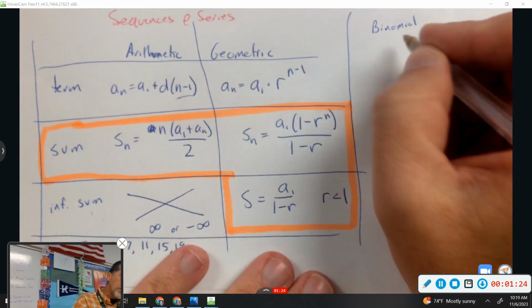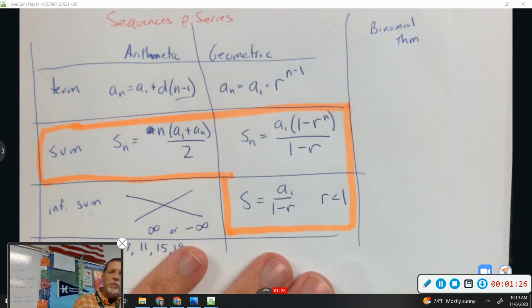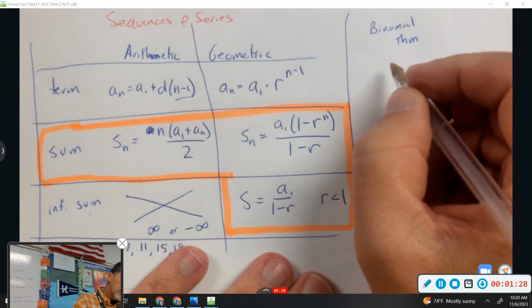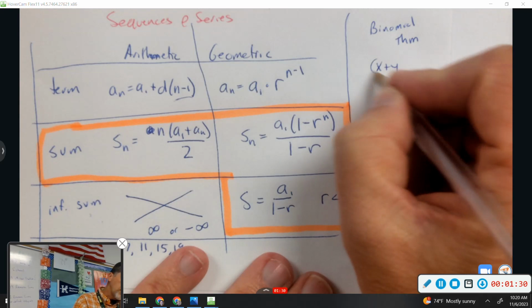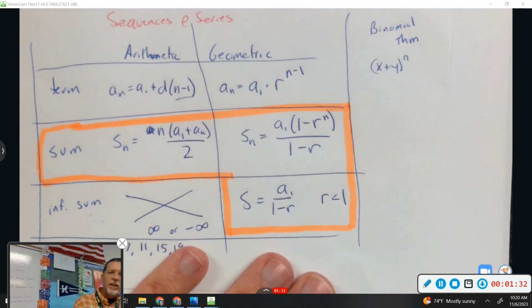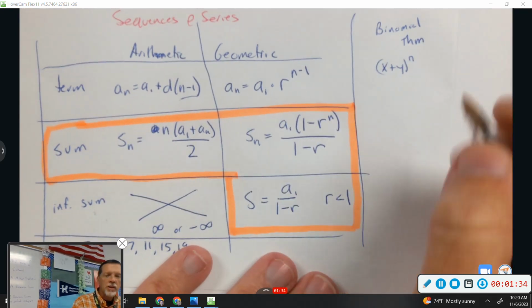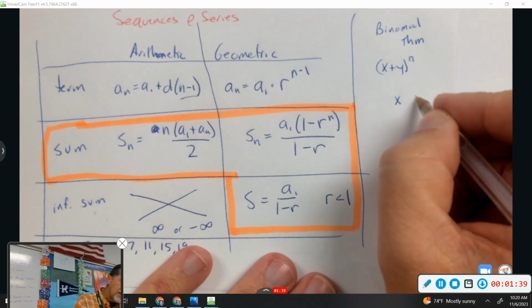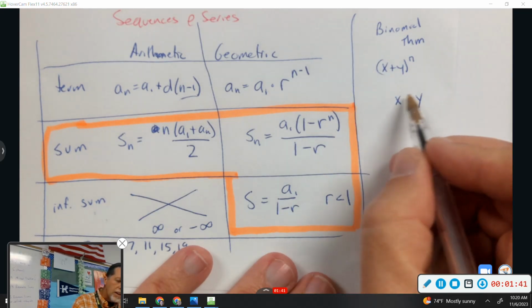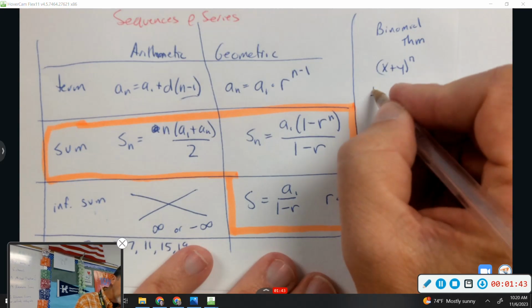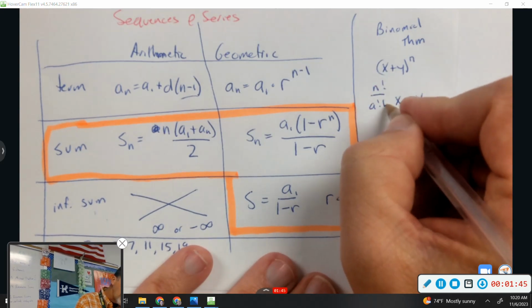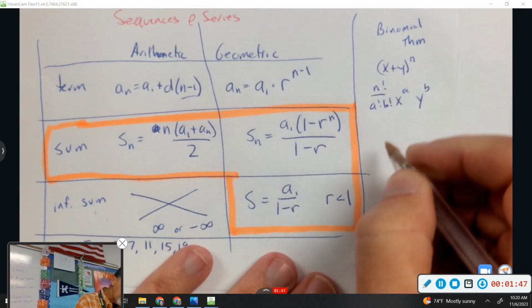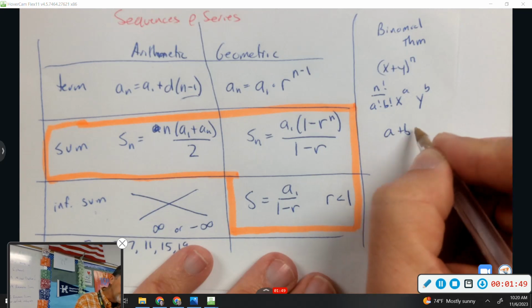The only other thing you would need to memorize is the binomial theorem, which is: if you have (x + y)^n, then each term has x to the a, y to the b, where a + b has to equal n.